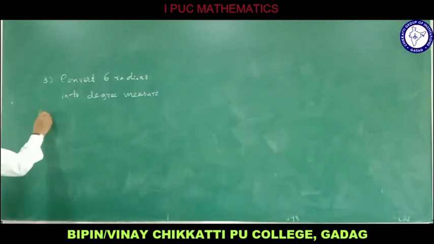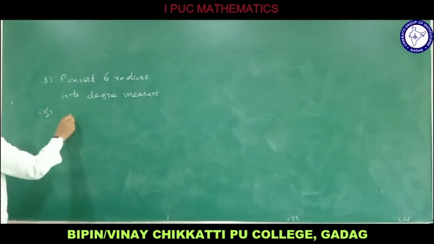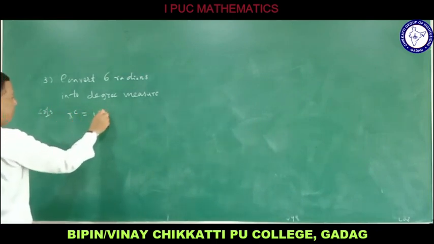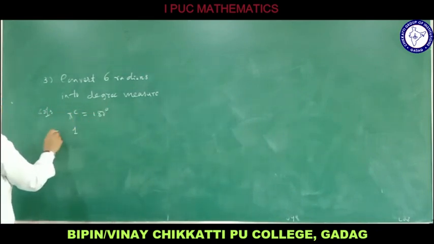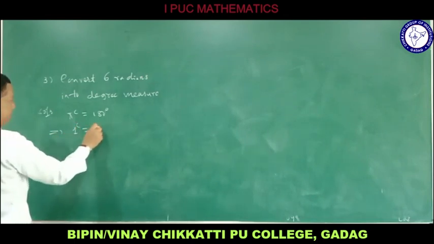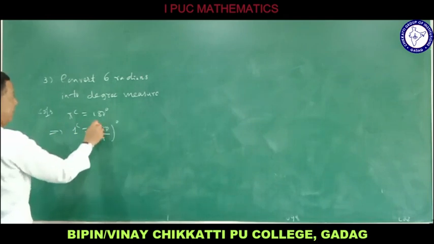See, 6 radians. You know pi radians equal to 180 degree. This implies 1 radian is equal to 180 divided by pi degree.